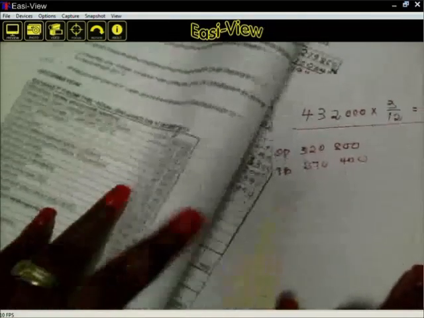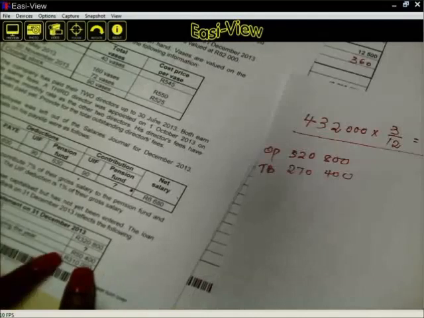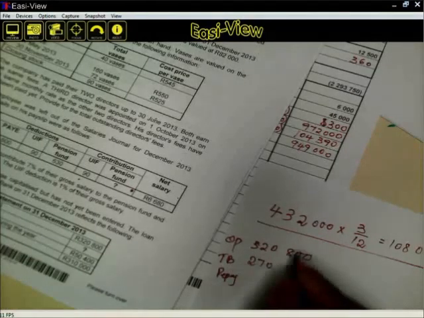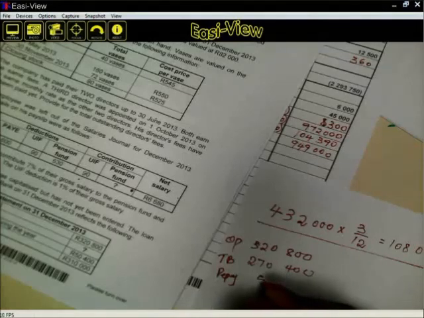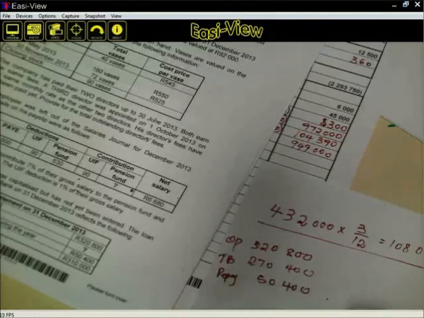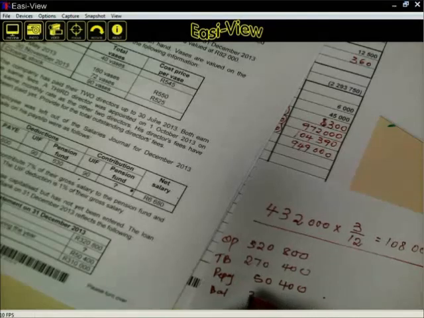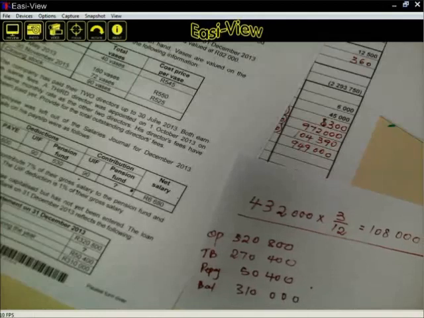And then the repayment, this is what has already been paid. It's 50,400. And then we said balance, it's how much? 310,000.